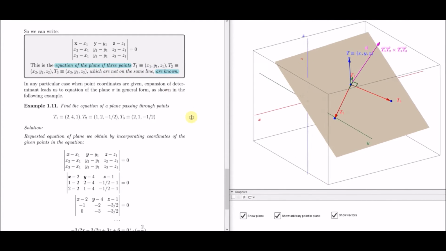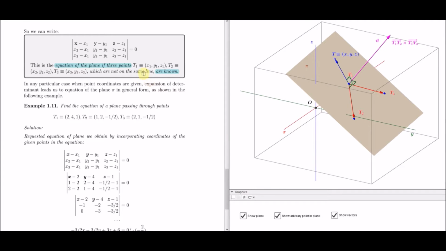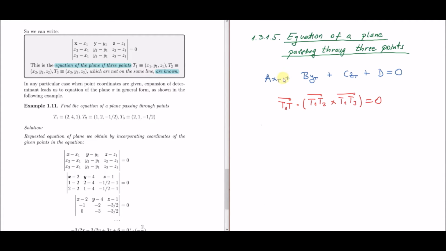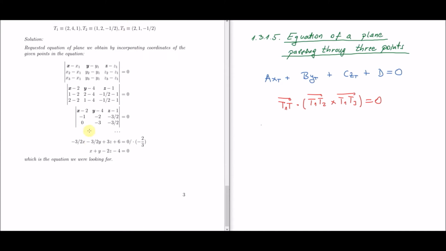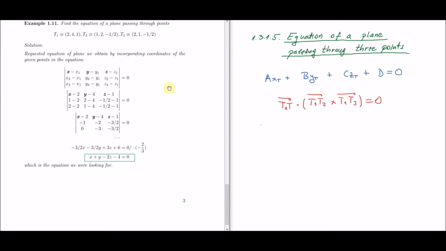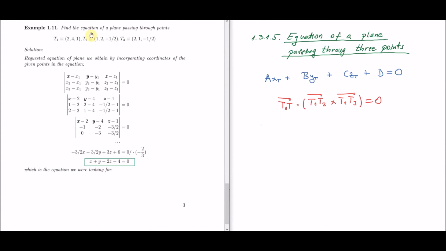The obtained equation doesn't look like an equation in general form, but in any particular case, when point coordinates are given, expansion of the determinant on the left side of the equation leads us to the equation of the plane pi in general form, as we can see in the following example.